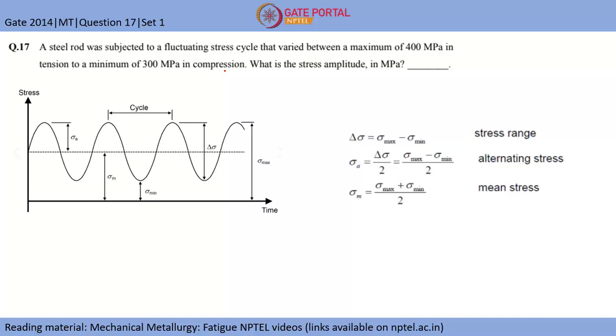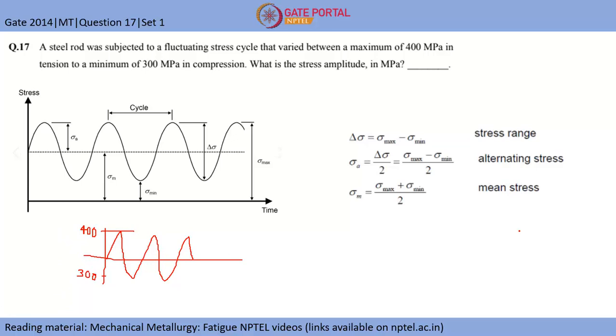If I draw the stress cycle of this, it will be like this, where this will be 400 and this will be 300 in compression. So here the maximum is 400 in tension and the minimum is 300 in compression.